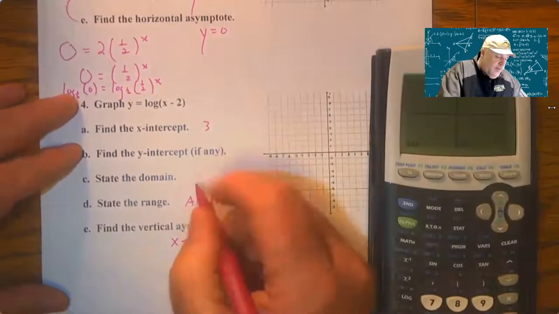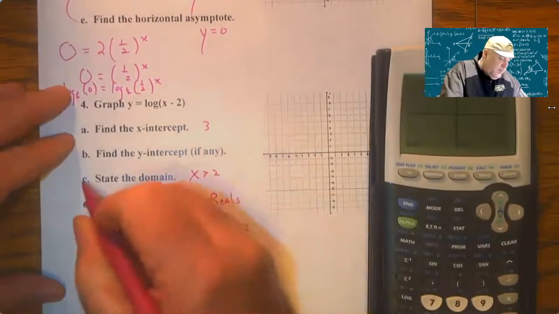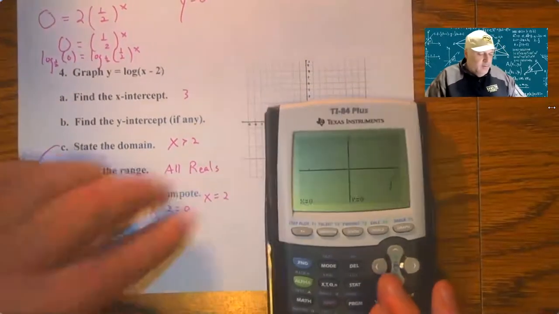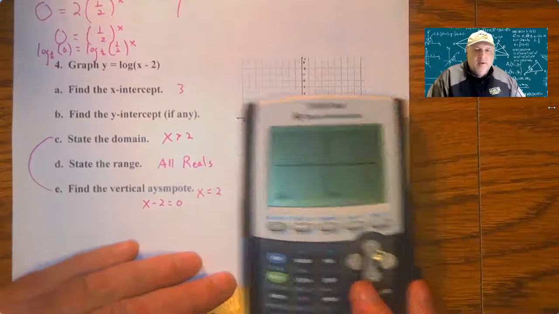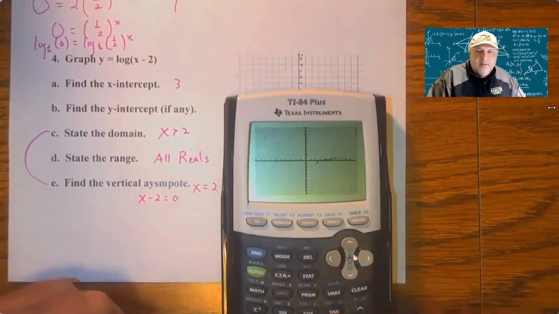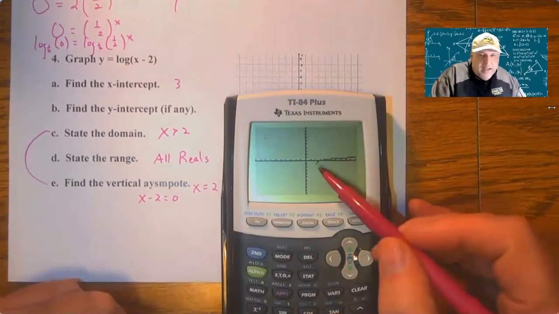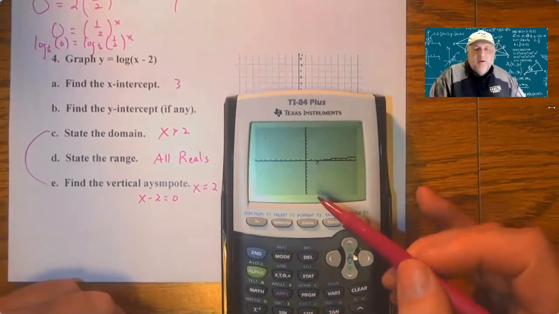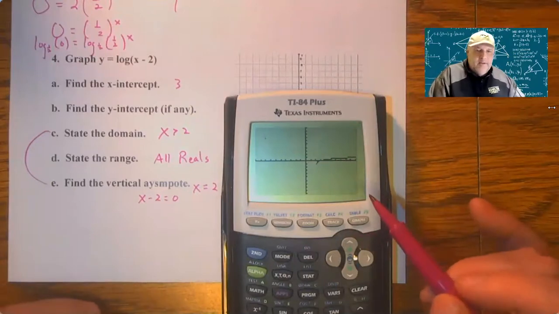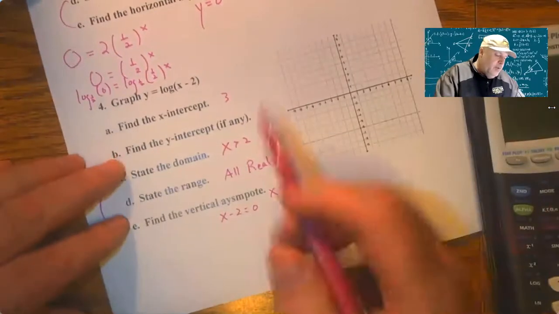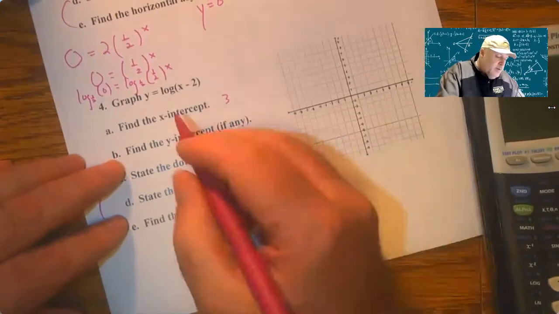And so to the right of that is the domain. So the domain and the vertical asymptote are related. These numbers are the same here, and it's greater than 2 because it's sitting to the right. But this is kind of a bad graph because it does drop down here and gets real close to the vertical asymptote.